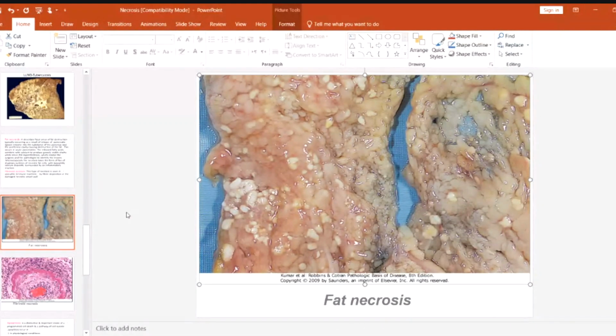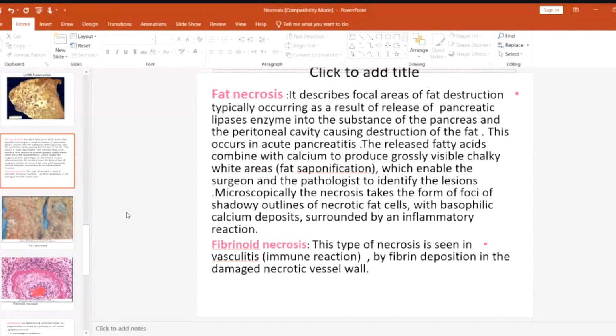هذا الفات نيكروسيس. The last type of necrosis is fibrinoid, يعني deposition of fibrin, okay, a protein, in the wall of the blood vessel. Example: vasculitis. Vasculitis, itis means inflammation of the wall of the blood vessel, maybe immune related يعني مناعي.